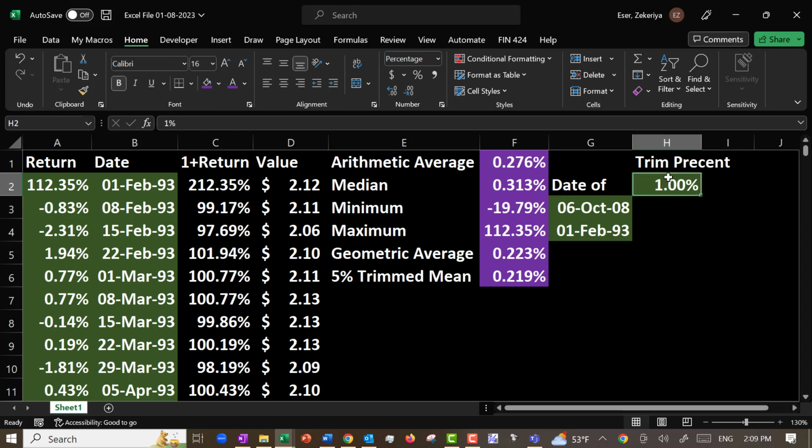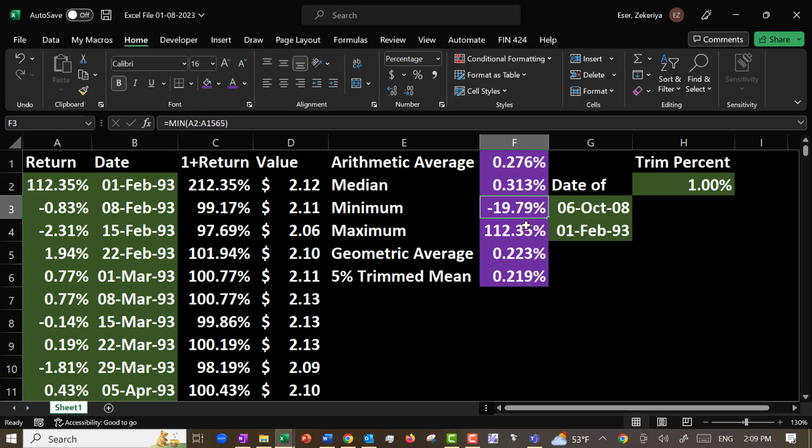But even at this very low trim percentage, it was not affected as much. Whether or not on that bad day on 6th of October, '08, market went down by 20% or 82%, trimmed mean is going to be exactly the same.